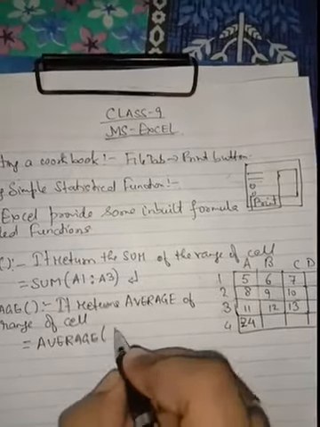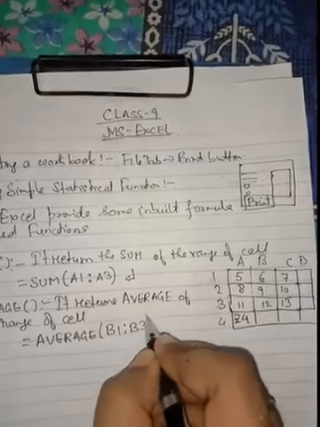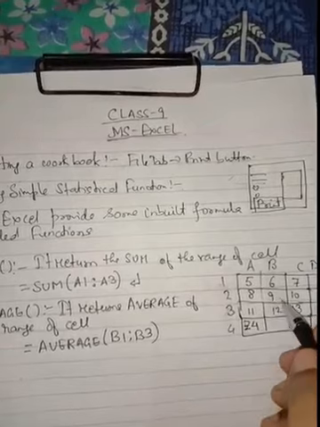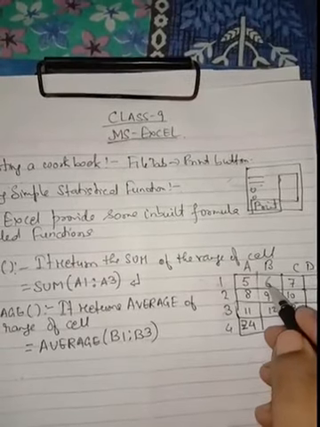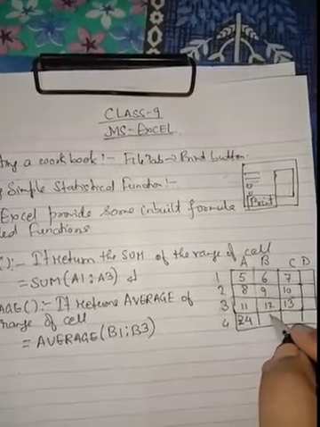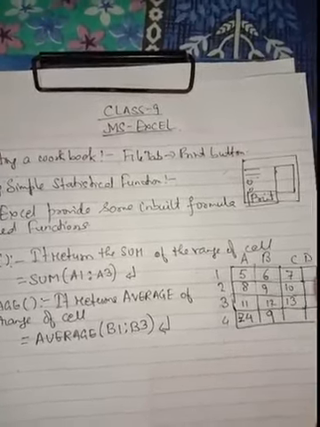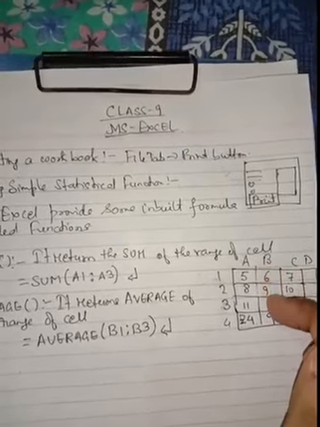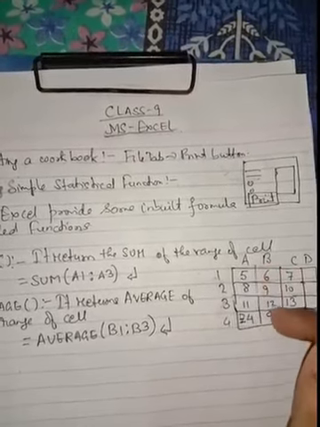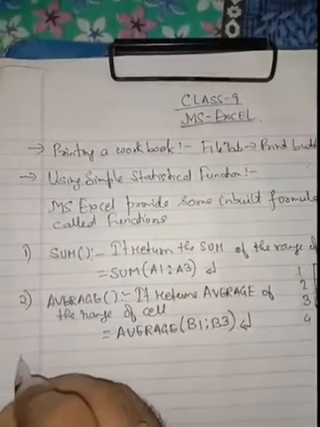In the bracket I write the range from B1 to B3. 9 plus 6 is 15, 15 plus 12 is 27, and 27 divided by 3 is 9. As soon as I press the enter key, the 9 will appear over here. So this is how we can find the average.